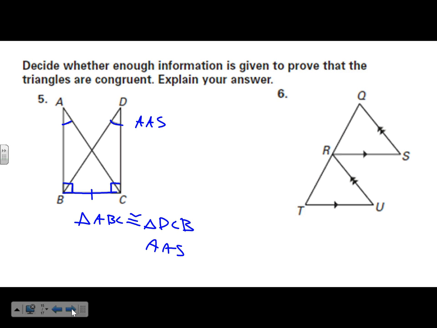Oh, geez, this looks confusing. So this line is parallel to this line, so we have this angle and this angle are congruent because they're corresponding. Then we have this line and this line are parallel, so we have corresponding here as well.